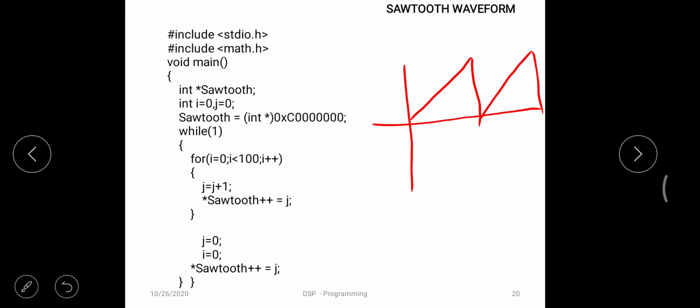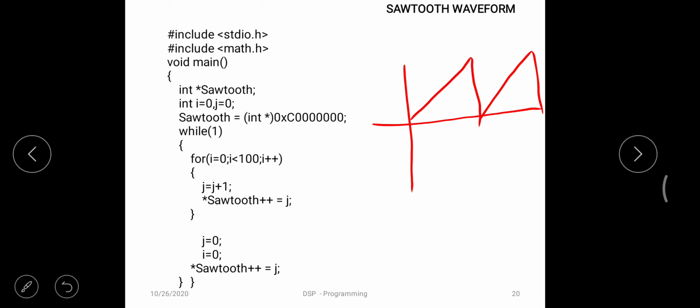In that I am assigning j is equal to j plus 1. Before entering into the loop, the value of j is 0. Now the updated value of j is 1. Now I am assigning sawtooth equal to 1 for the first value. When i is equal to 1, your sawtooth is equal to 2.